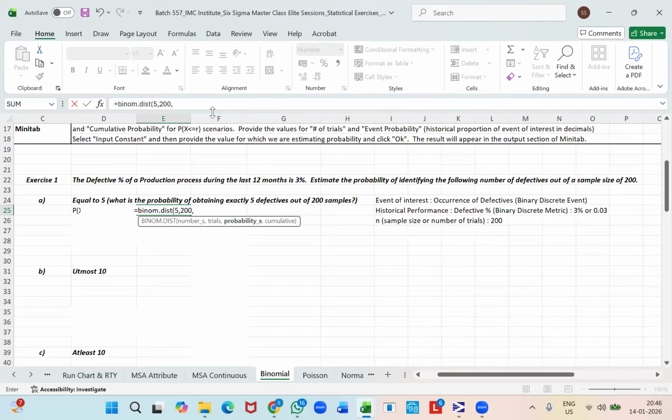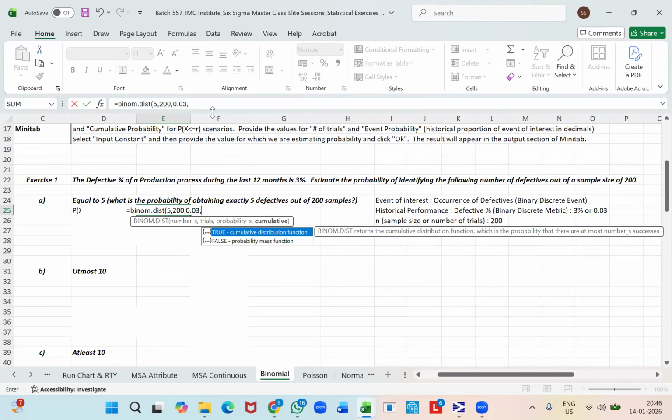And as I told you, when you input that value in a formula, we need to convert the percentage value into decimal. So probability would reflect the historical performance value, which is 3%, and that has to be entered as 0.03. And then put a comma, and the final parameter is cumulative. For cumulative, there are only two options, true and false.